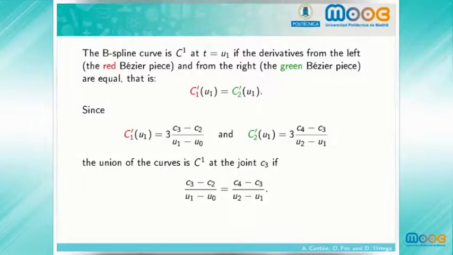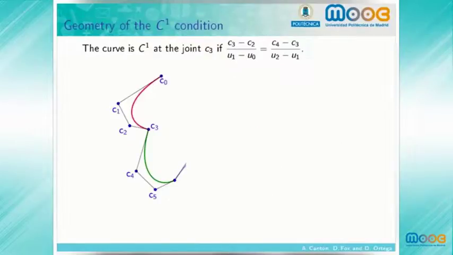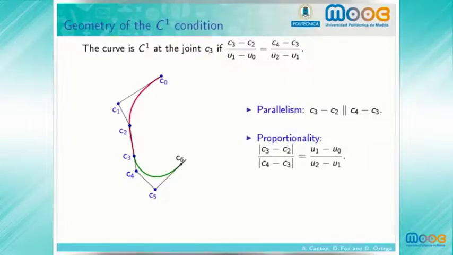We see that the union of the curves will be C1 at the joint if we have the equality of these values. And this gives us an equation which relates C3 minus C2 and C4 minus C3. We can understand this equation as saying 2 things. The last segment of the control polygon of the first curve and the first segment of the control polygon of the second curve are parallel.